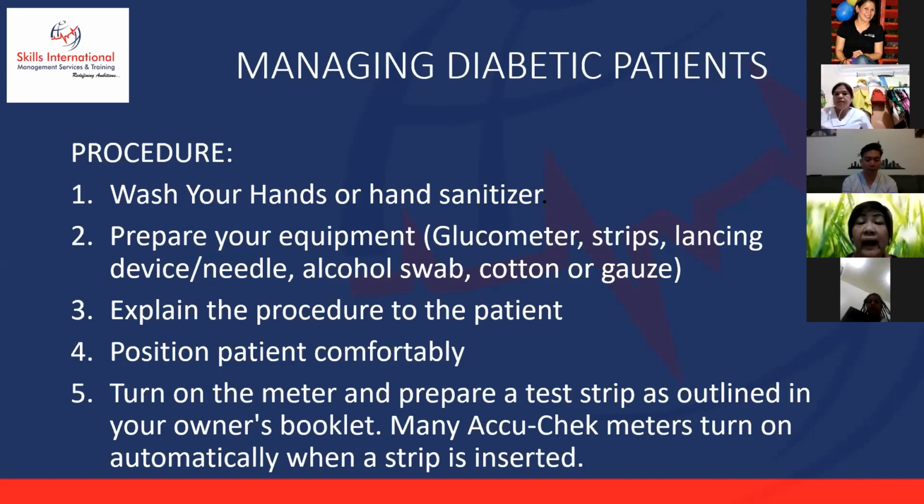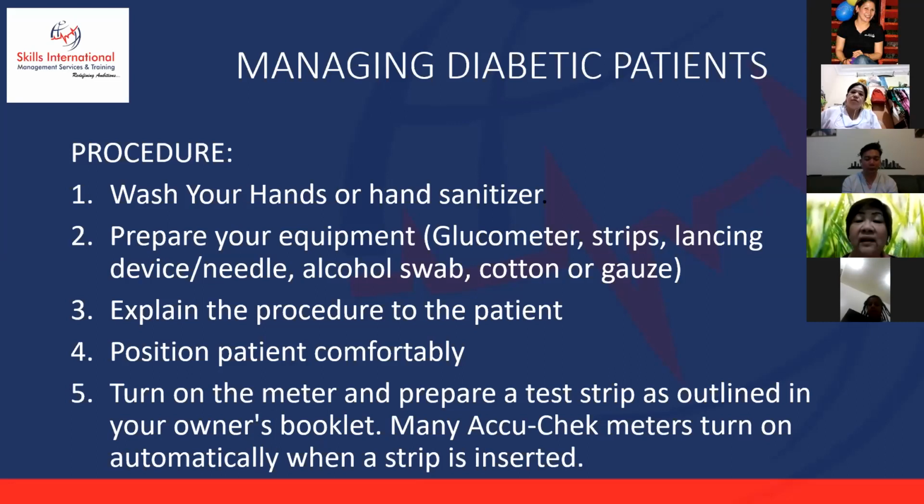Second, you have to explain the procedure to the patient. You just don't come and prick the patient. No, you have to explain the procedure to the patient. For example, you are going to prick the patient with the glucometer.